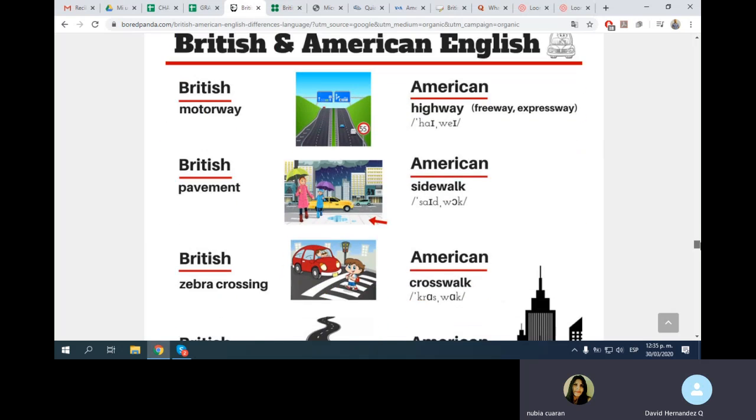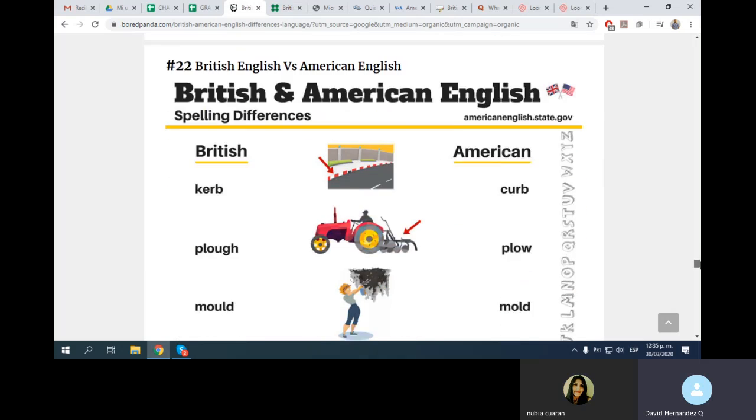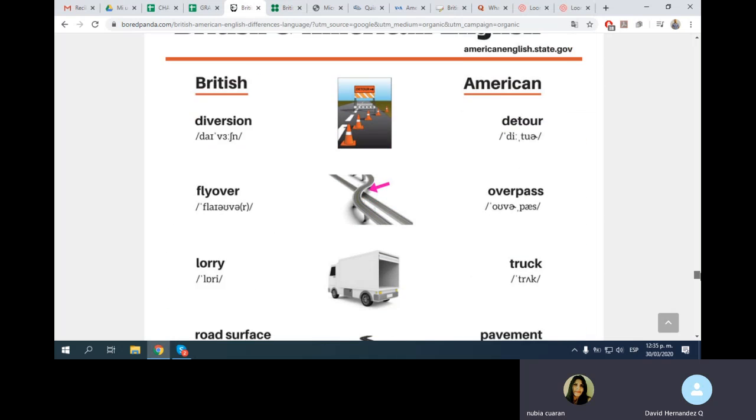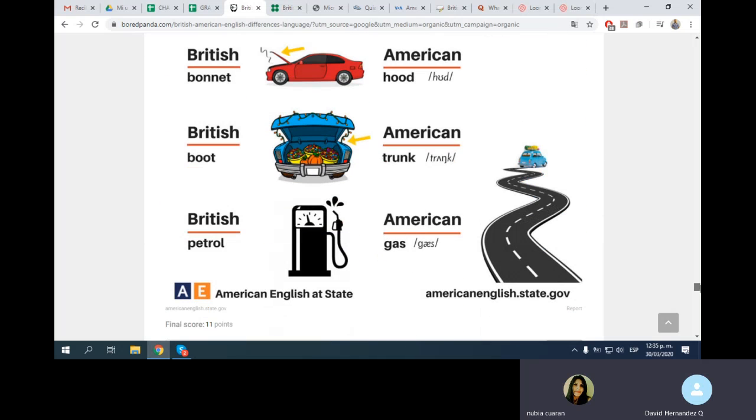Entonces, una estación de gasolina para un americano sería gas station, mientras que para un británico sería petrol station. La gasolina o el combustible para los británicos sería petrol y para los americanos sería gas.